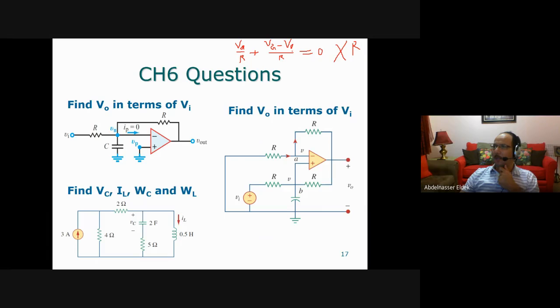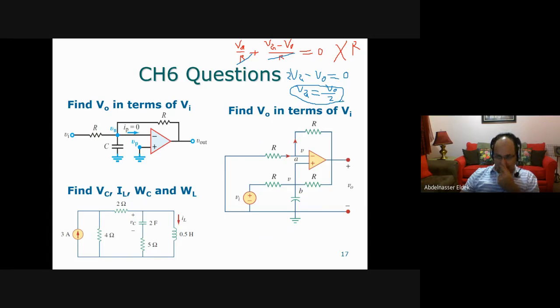When you multiply by R, you will cancel this R and the other R. So it will be VA plus VA minus VO, or 2VA minus VO equals 0. Which means that VA equals half VO, 1/2 VO.